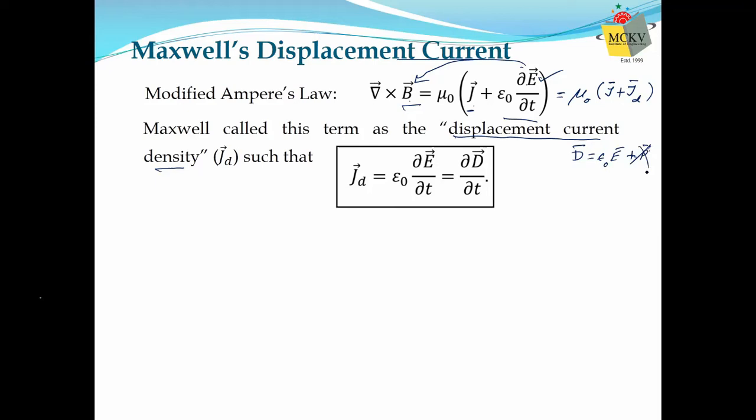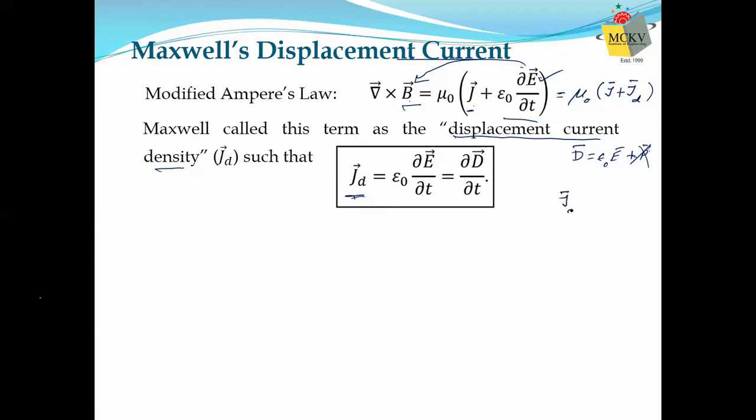Therefore D equals epsilon naught E, which means instead of epsilon naught E, we can write D. So JD is ∂D/∂t, the rate of change of the displacement vector with time. That's why JD is called displacement current density.